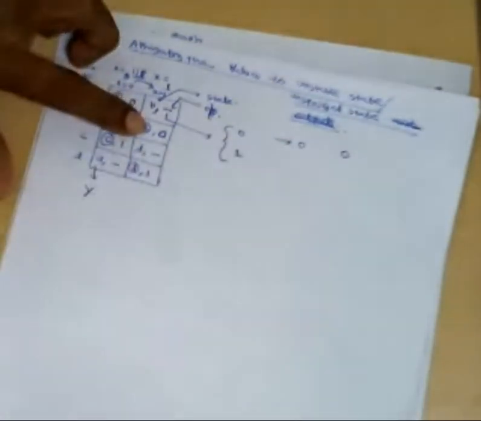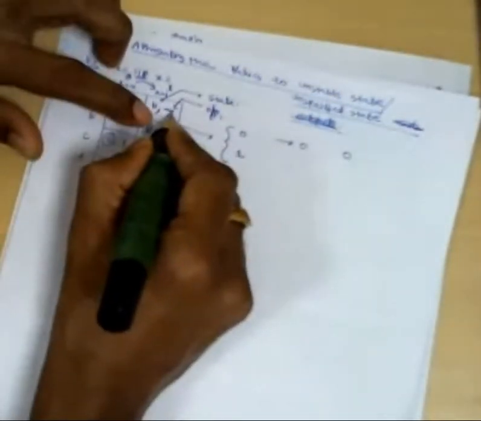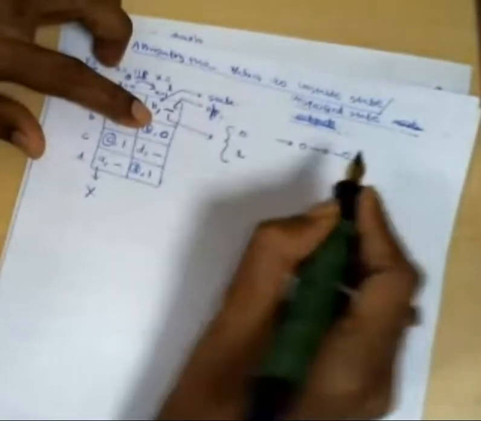Then what should be the intermediate output here? The intermediate output should be 0 only. That means this unspecified output should be replaced by 0. If you replace it by 0, then there is no change in the output. The circuit gives the correct output before initiating the transition and the correct output after completing the transition.